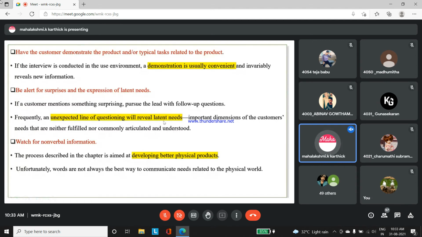What do you mean by latent needs? Inactive, unexpressed. Important dimensions of the customer needs that are neither fulfilled nor commonly anticipated and understood. So you can't judge any customer. At the beginning they may be talking nicely during the conversation, then suddenly they will ask for some specification which is not possible. So you have to explain, no sir, with this hardware architecture you can't build this.